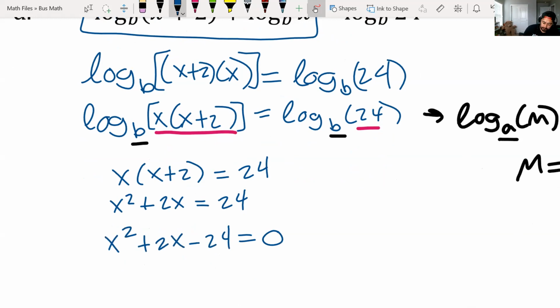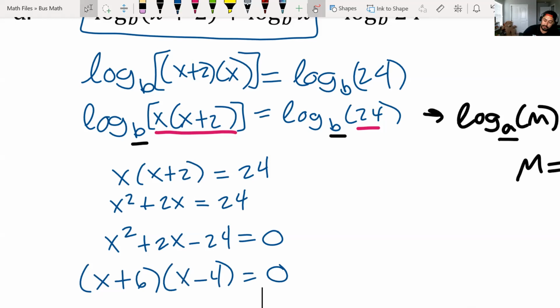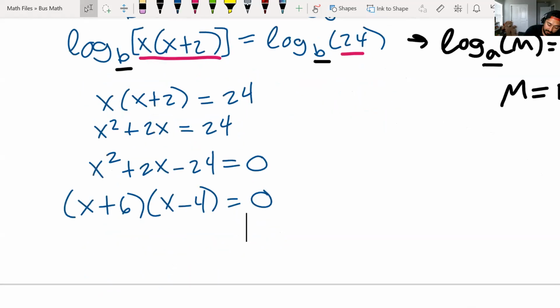Factor, and you'll get x plus 6 times x minus 4 equal to 0. Negative 4 plus 6 is 2. Perfect. And my answers for x are x equals negative 6 and x equals 4.